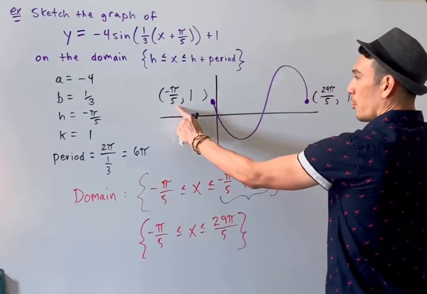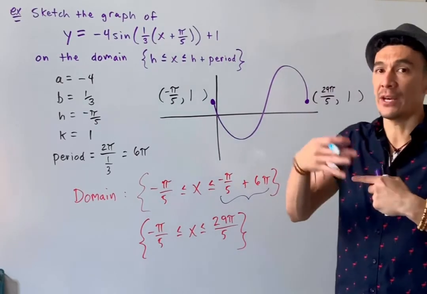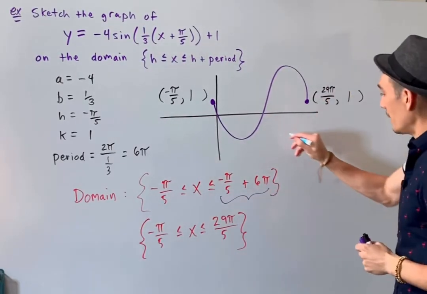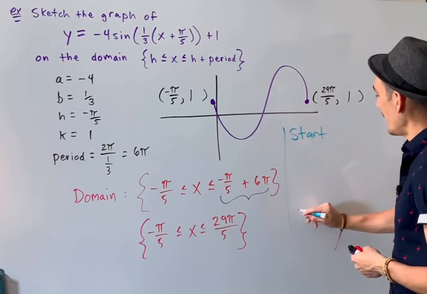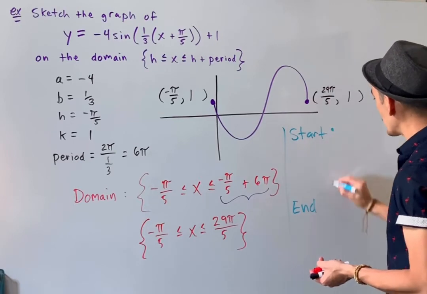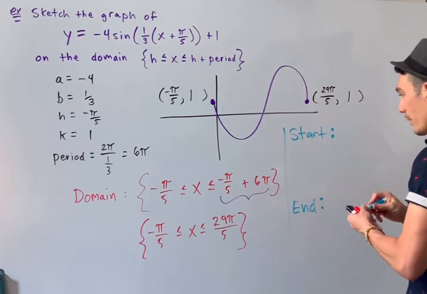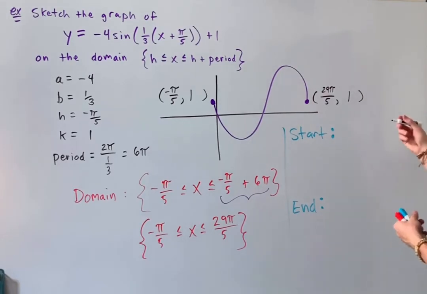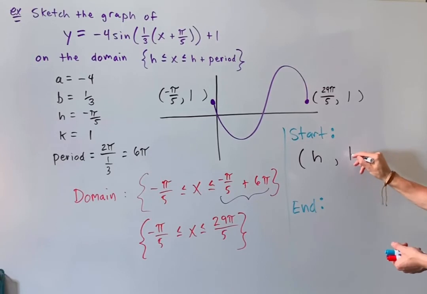So guys, the coordinates for the start and the coordinates for the end, we can generalize this idea. And here is that idea. Your start point and your end point, they have an x coordinate and a y coordinate. Your start point will have coordinates h, comma, k.